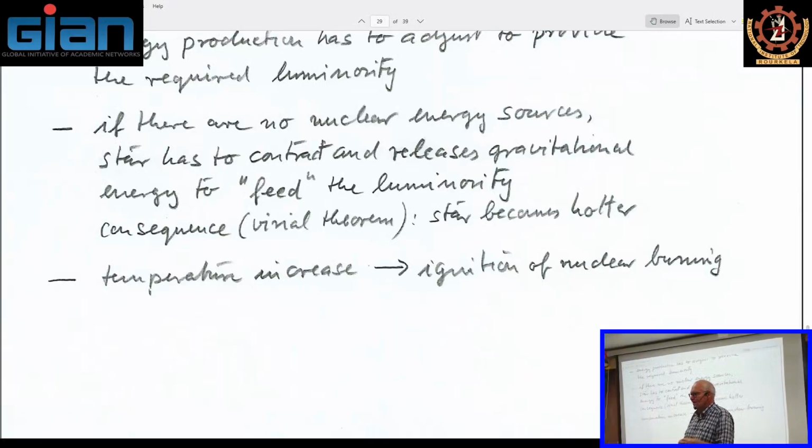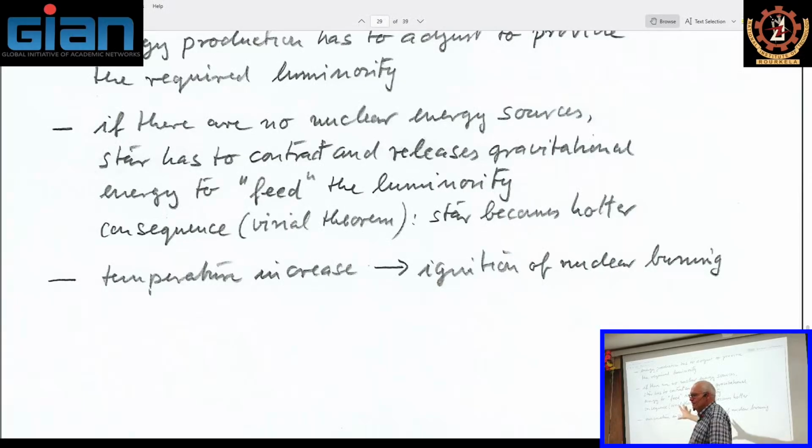So you explained that if the nuclear burning is not available, then the star has to rely on its gravitational energy. Yes. So this phenomenon must be more dominant during the last stages of the star. Is it because when the star starts dying, the nuclear fuel burns?